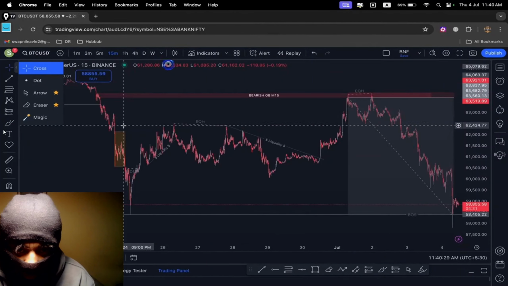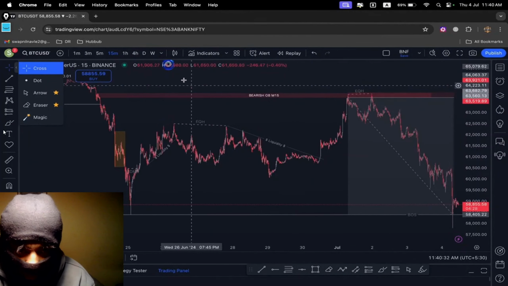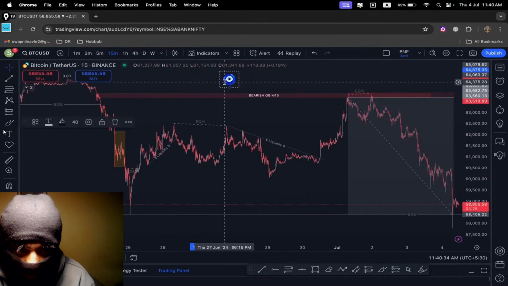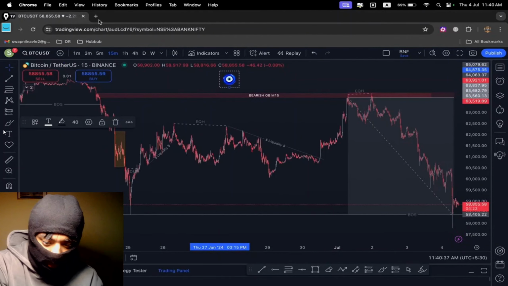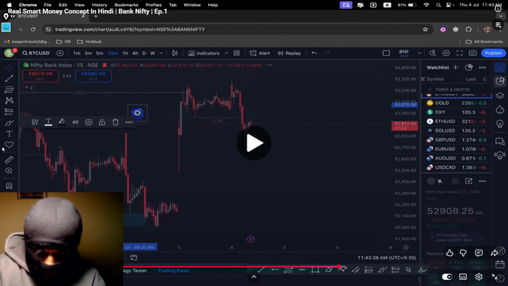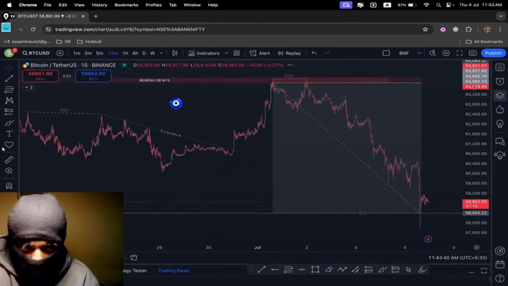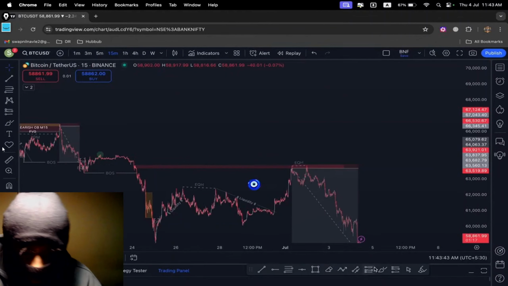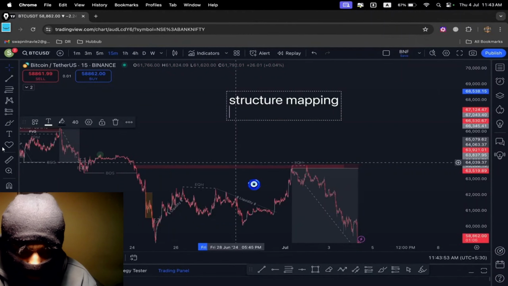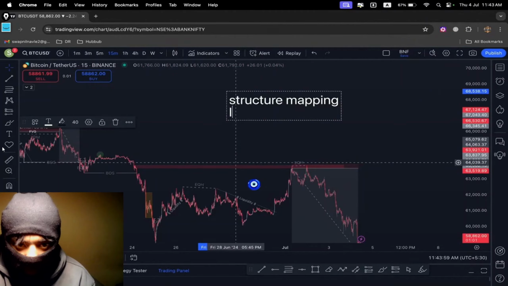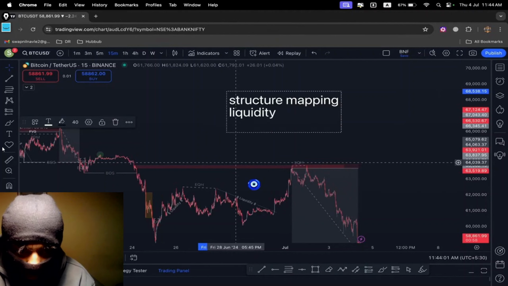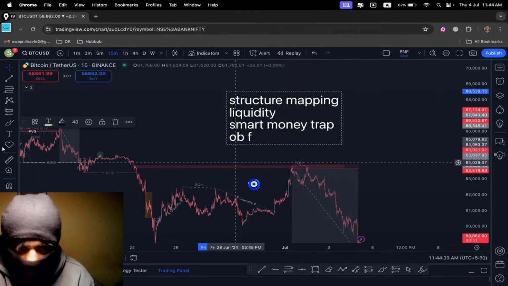So he's basically saying that today we are going to learn how the smart money concept works. He said that in his smart money concept we have structure mapping, liquidity, smart money trap, order block, FVG.